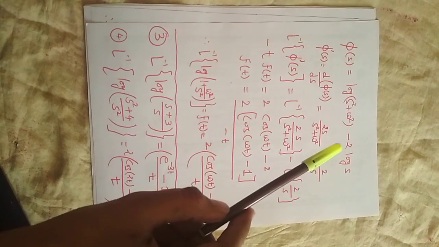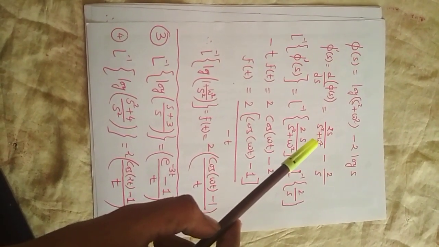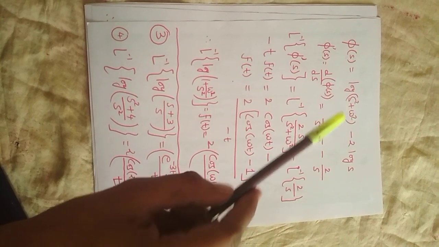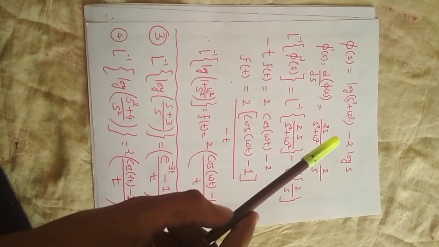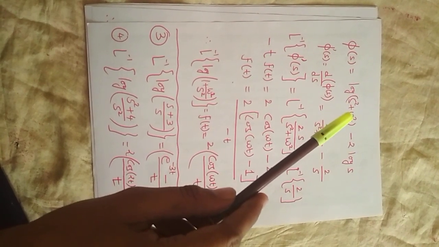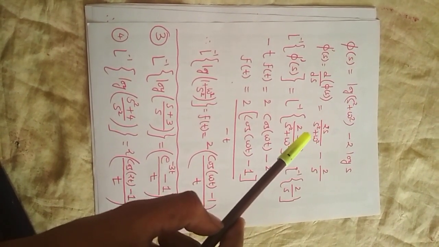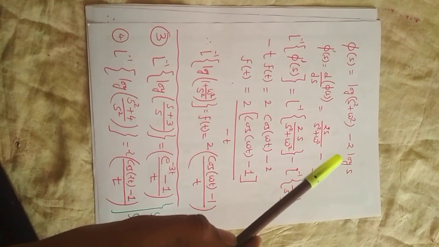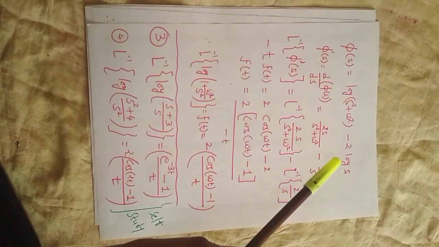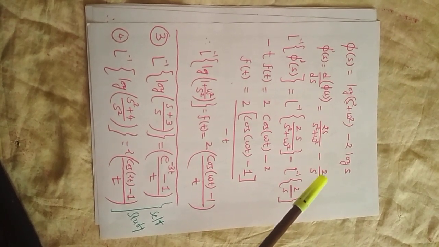It is 1 upon (s square plus omega square) into the derivative of this part, that is 2s. So the derivative of log of (s square plus omega square) equals 2s upon (s square plus omega square), and the derivative of log of s is 1 upon s. That means this part's derivative is 2 by s.